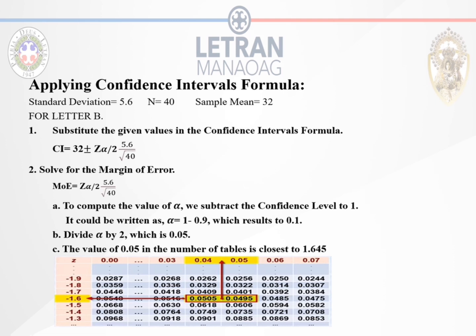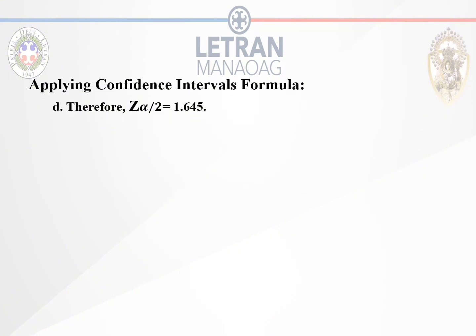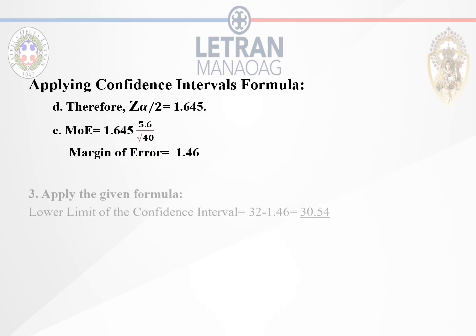In solving for the confidence interval, we will use its positive form, which is positive 1.645. Therefore, we can say that the margin of error is equal to 1.645 multiplied to the quantity of 5.6 divided by the square root of 40, which will give us 1.46.